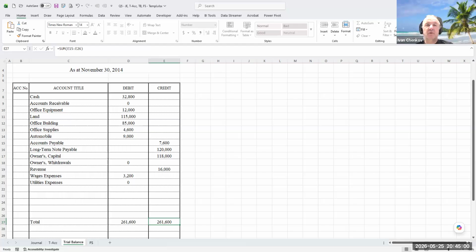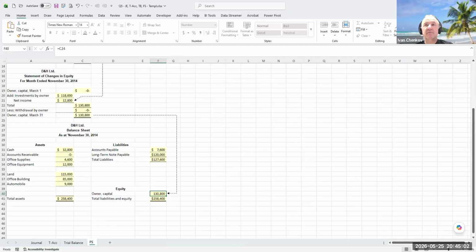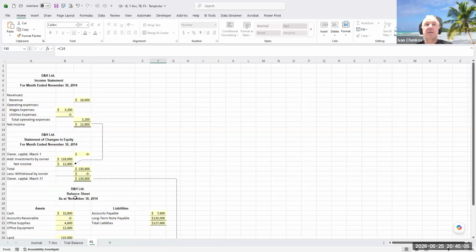Now let's check one more thing on the financial statement. If I go to the financial statement, I can see that up to this point, the business is generating revenue of $16,000. We paid the assistant $3,200. So the business is generating $12,800 net income. Who gets the net income?